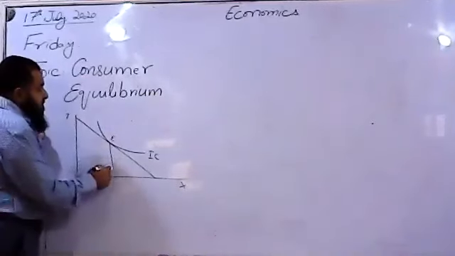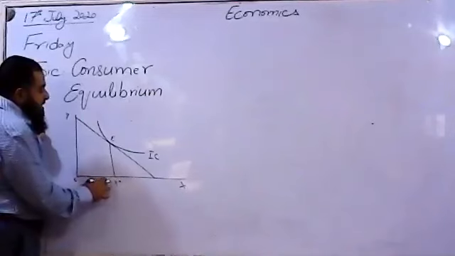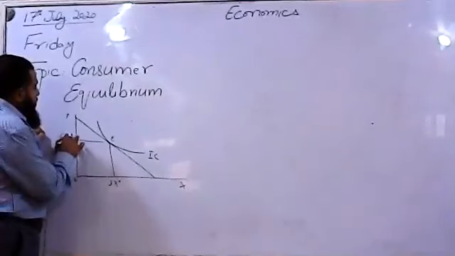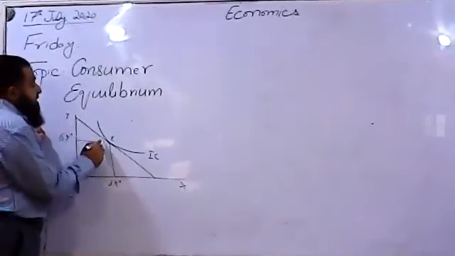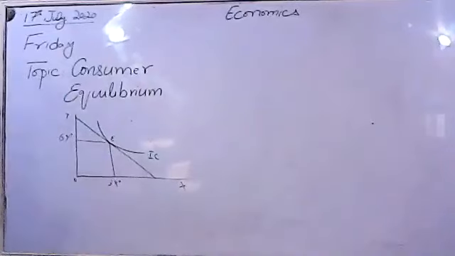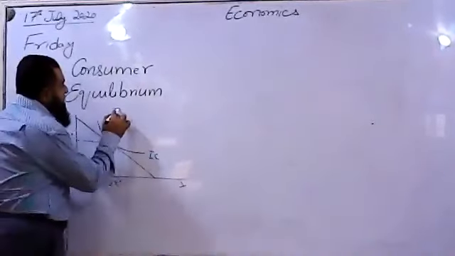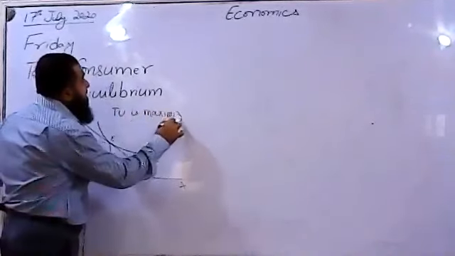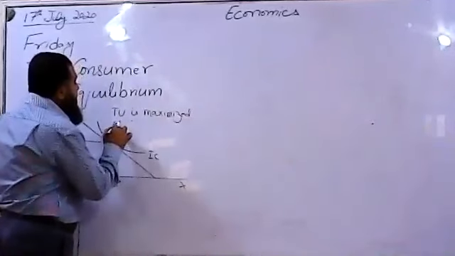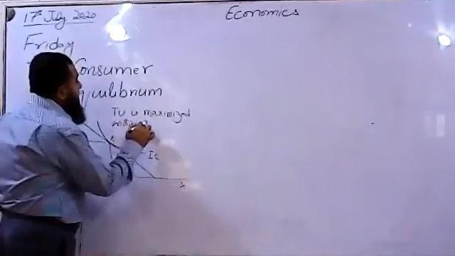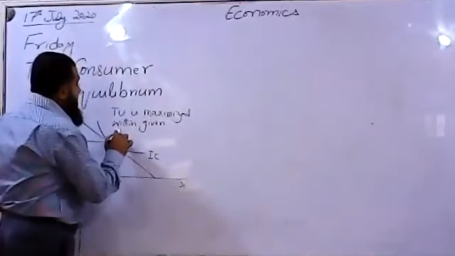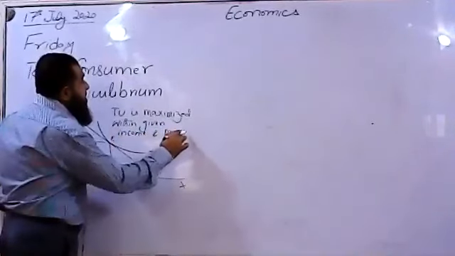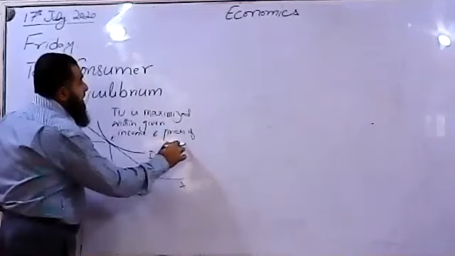So this bundle, where we said 3 units of X and 6 units of Y, is the optimum consumption of the consumer, where his total utility is maximized within the given income and prices of X and Y.